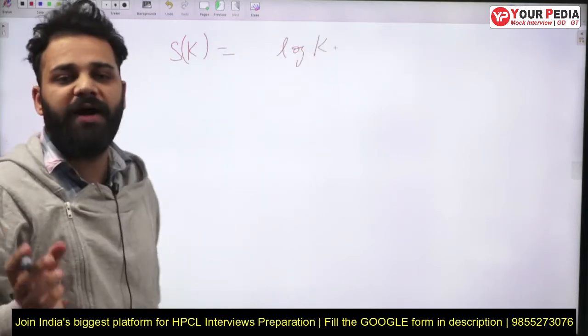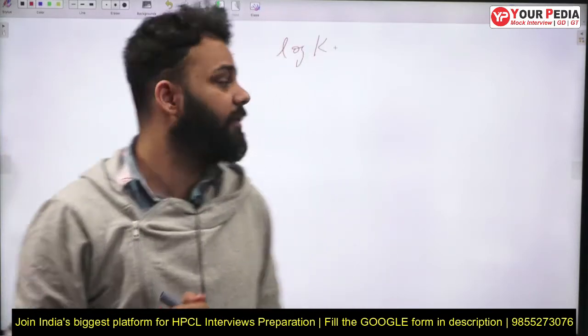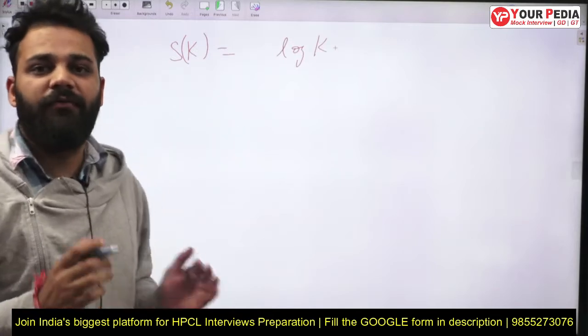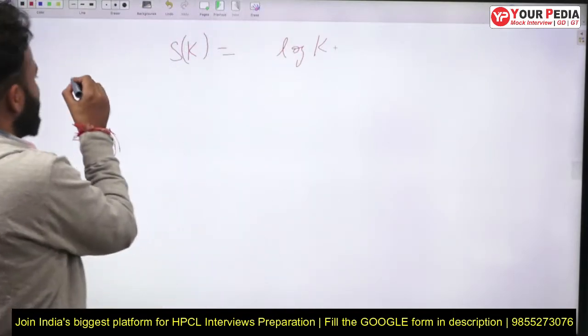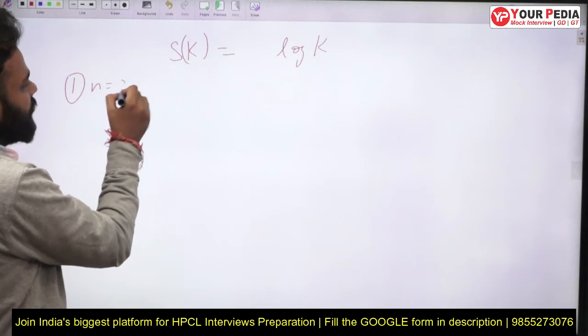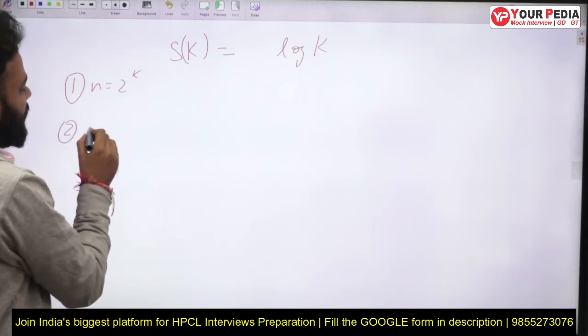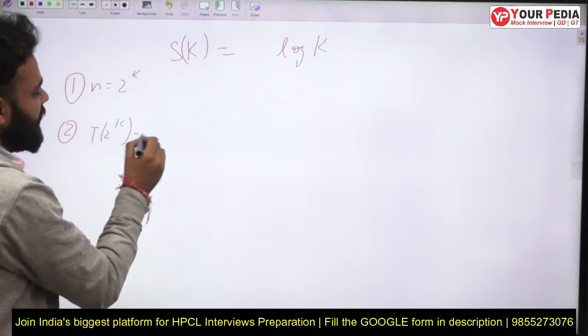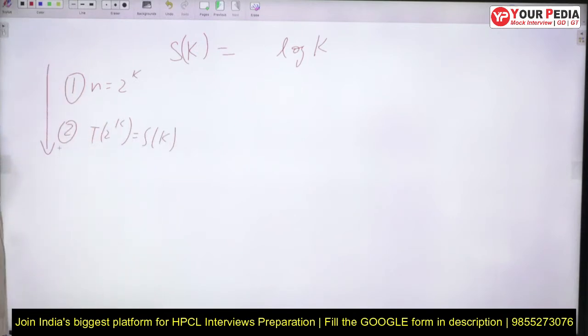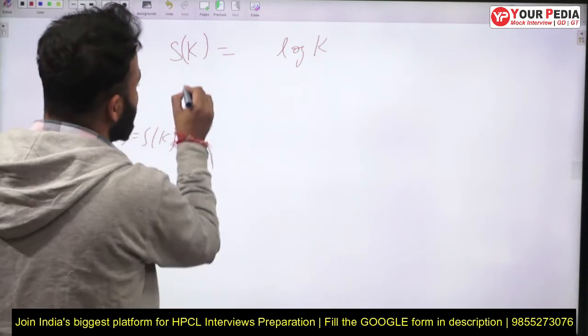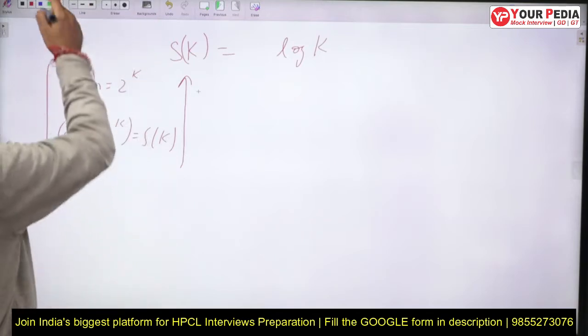But we have to find the answer in terms of T of n. In order to find T of n, we will undo the substitutions that we made earlier. We made the first substitution as n is equal to 2 raised to power k. The second substitution was T of 2 raised to power k made S of k. So we made these substitutions in this order. Now we will remove these substitutions in the opposite order.